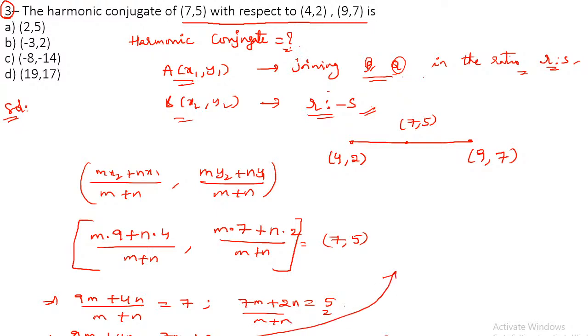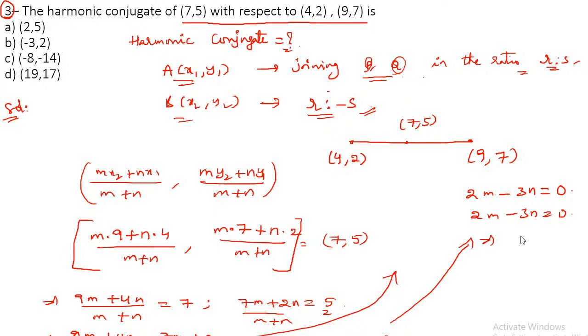Let us write these two here. So 9 minus 7, 2m minus 3n is equal to 0. Similarly, this one also gives 2m minus 3n is equal to 0.